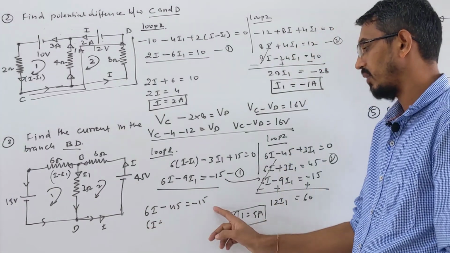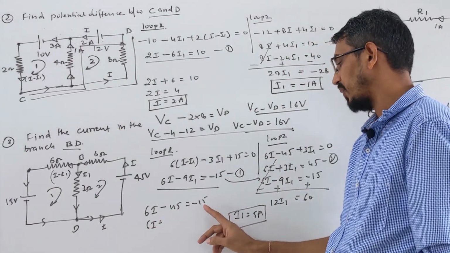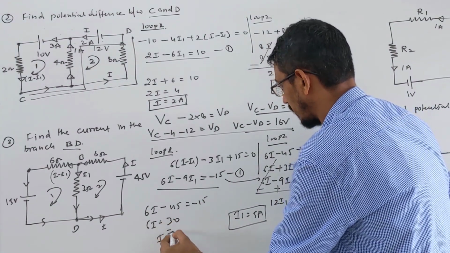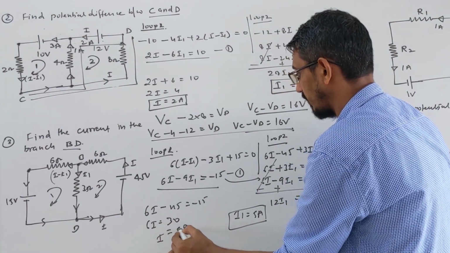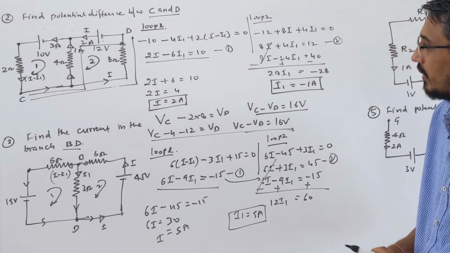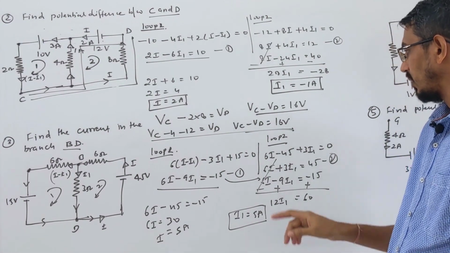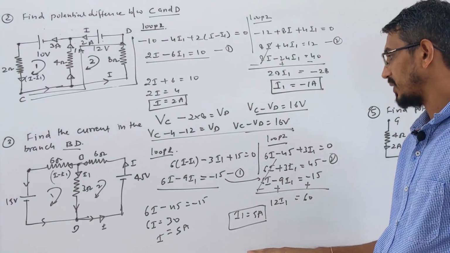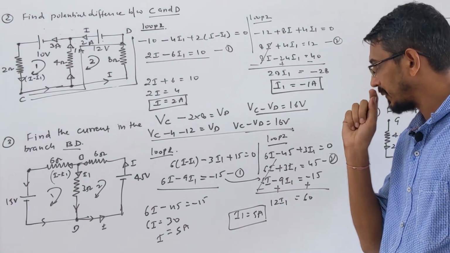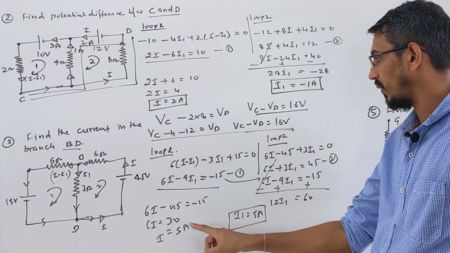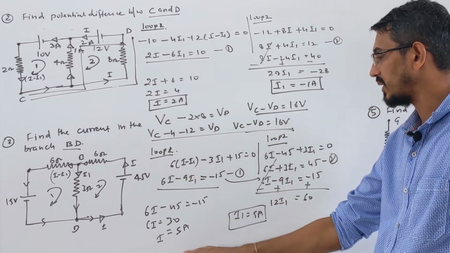Okay, 45 will come on this side, so minus 15 plus 45 is plus 30. So I becomes 5 ampere also. Is it the same, or did I make some calculation mistake? Let's check once more. Hope I did not do anything wrong. So 5 ampere, 45 comes here, 30 only coming, same.